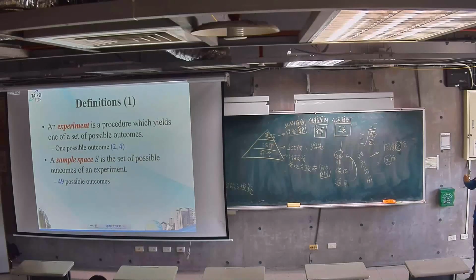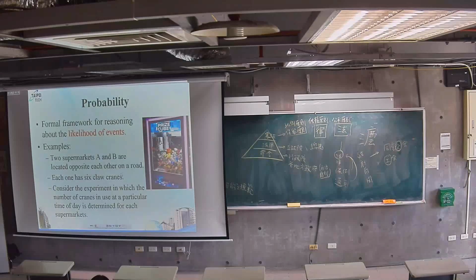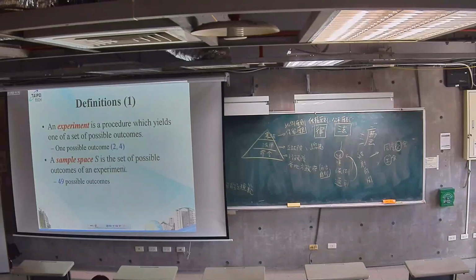In our example, because each supermarket has 6 cloud cranes, the number of possible outcomes would be 49.